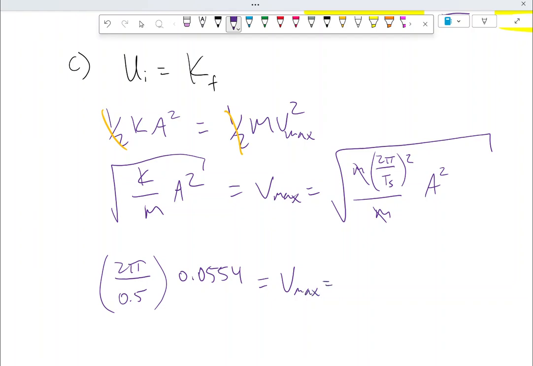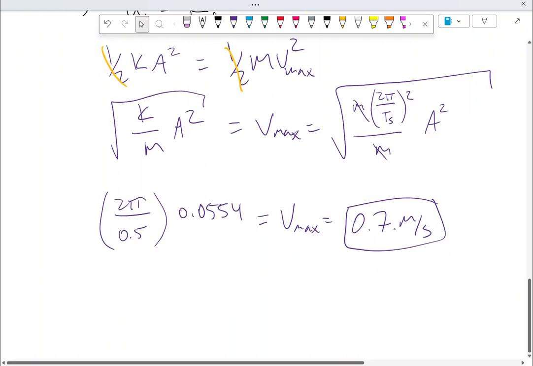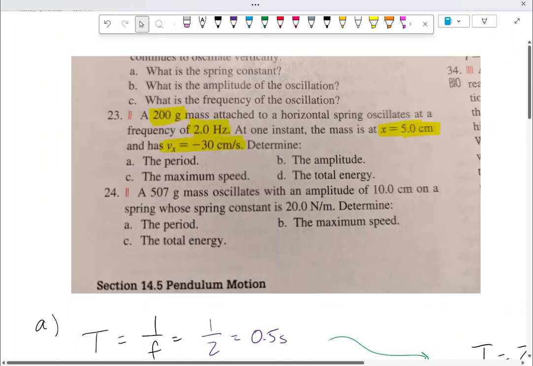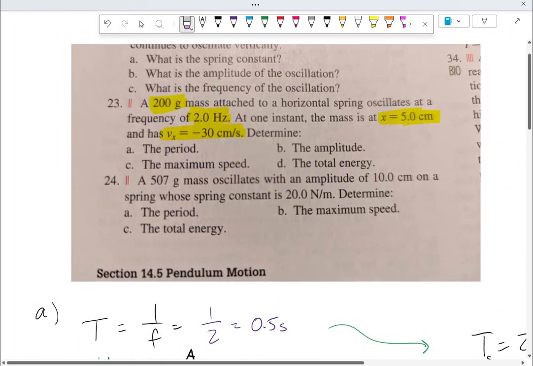So 2 divided by 0.5 is 4, so 4 pi times 0.0554. I'm getting about 0.7, so basically about 0.7 meters per second, so 70 centimeters per second. Quick little check: 70 centimeters per second is a greater speed than 30 centimeters per second, so that's definitely a bigger speed. That makes sense for a maximum speed.